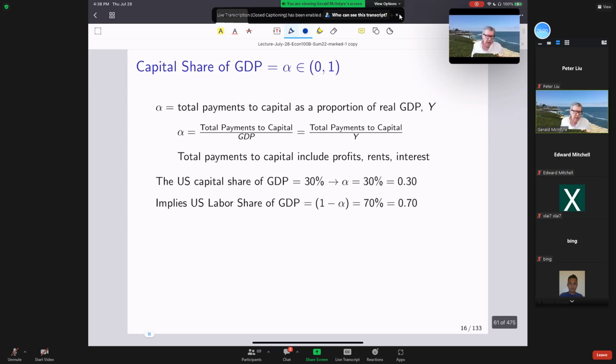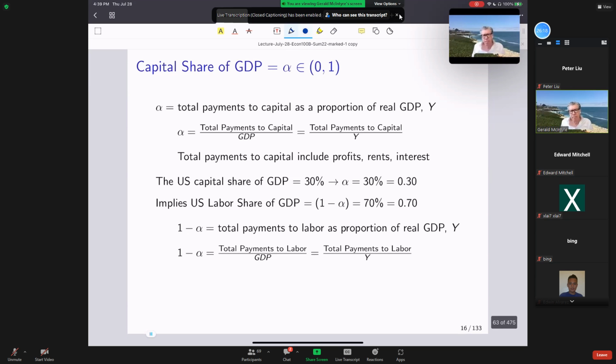That implies the labor share of GDP, which is 1 minus alpha, right? The exponent, 1 minus alpha, is 70% or 0.70. And of course, the labor share, this 1 minus alpha term, is the total payments to labor as a proportion of GDP. And that would be in the numerator, and here's real GDP, Y, in the denominator.